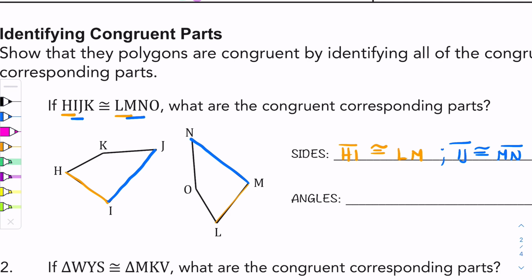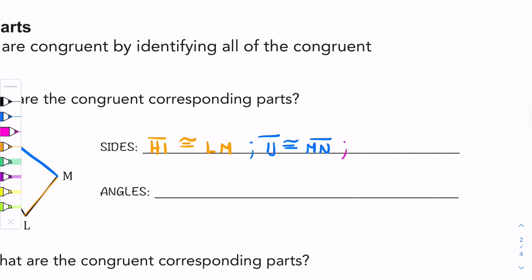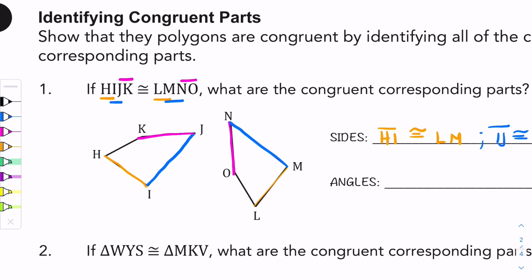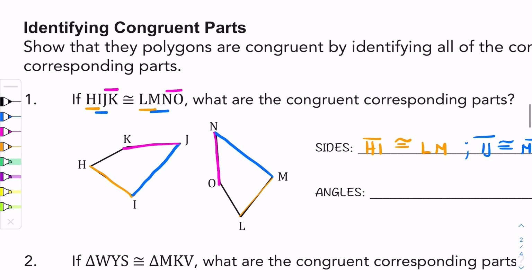After that, we can look at JK and NO. And the last segment is going to be the first and the last letter.